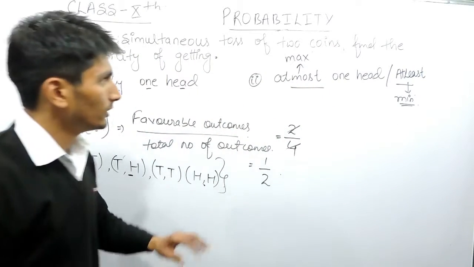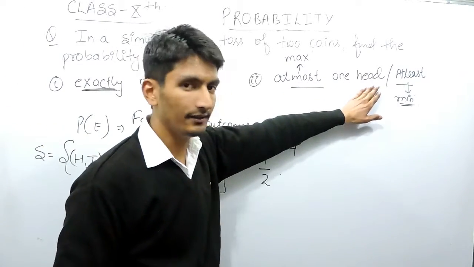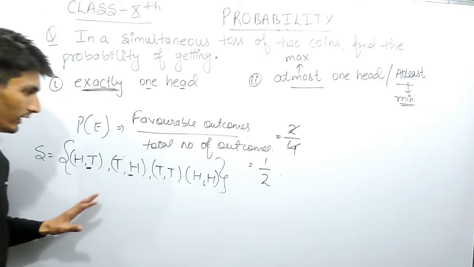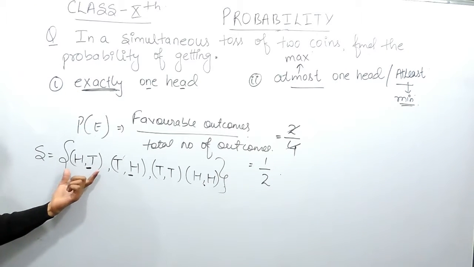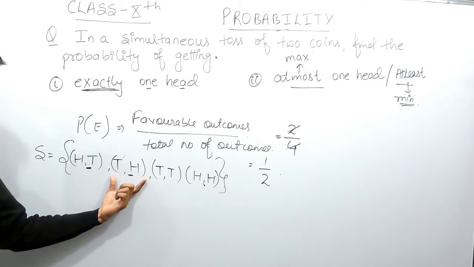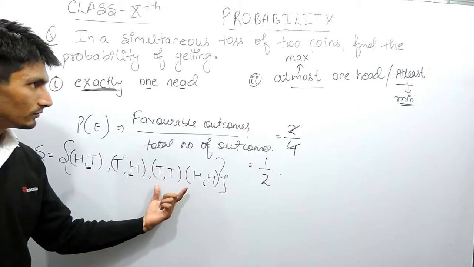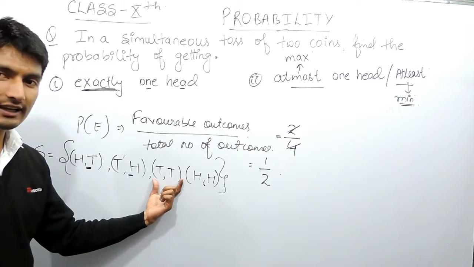So here you need to find the probability of maximum one head. This is the first case where one head is there. This is the second case where one head is there, and this is the third case.